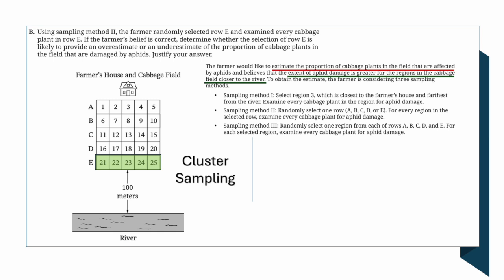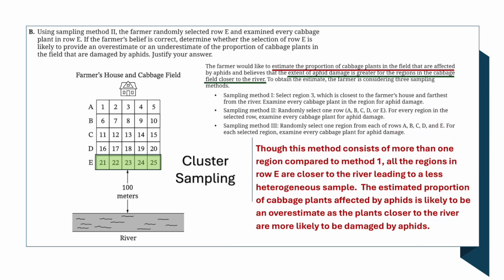Now let's word this. Though this method consists of more than one region compared to method 1, so the sample size is more, all the regions in row E are closer to the river, leading to a less heterogeneous sample. The estimated proportion of cabbage plants affected by aphids is likely to be an overestimate, and the reason is the plants closer to the river are more likely to be damaged by aphids.